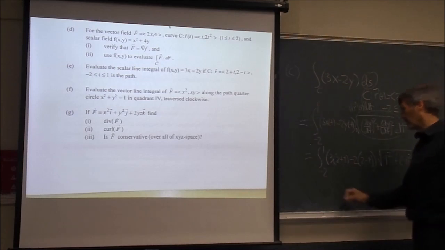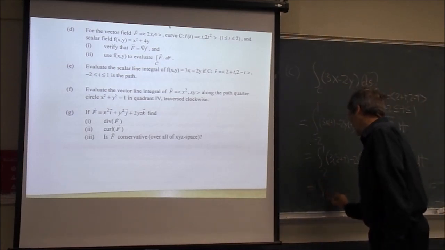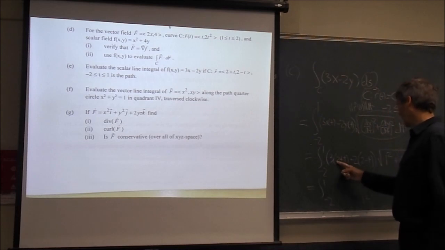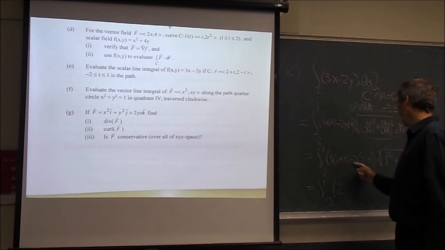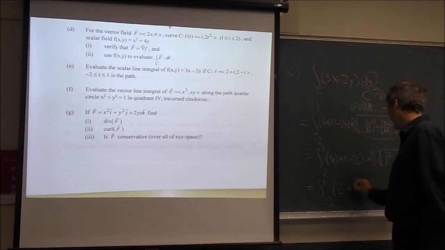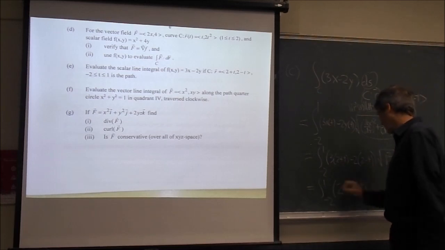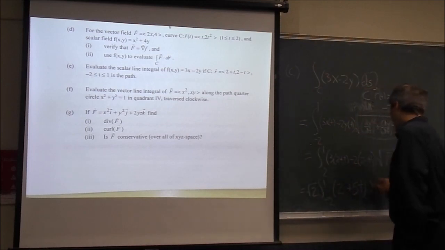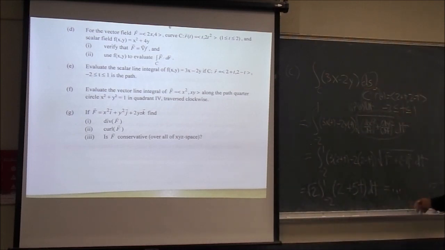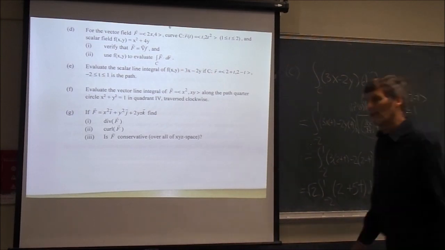And I just have to do this simple integral from minus 2 to 1. 6 minus 4 gives me 2. 3t plus 2t gives me 5t. And then the square root of 2 here I can pull out, dt. And that will evaluate the scalar line integral.